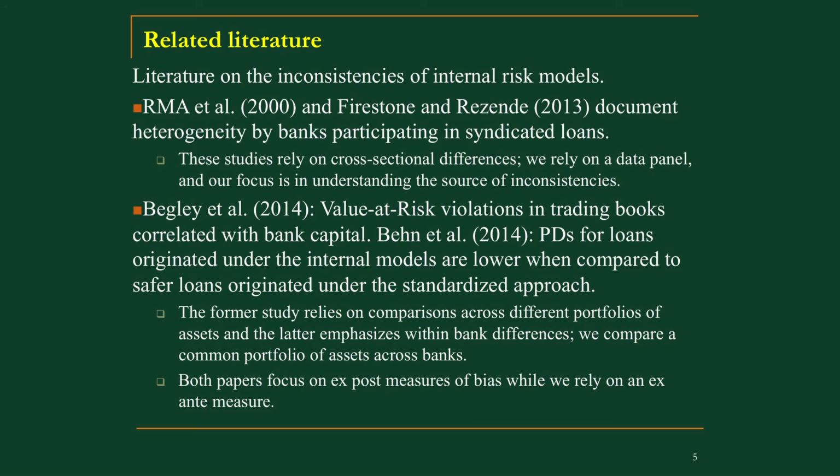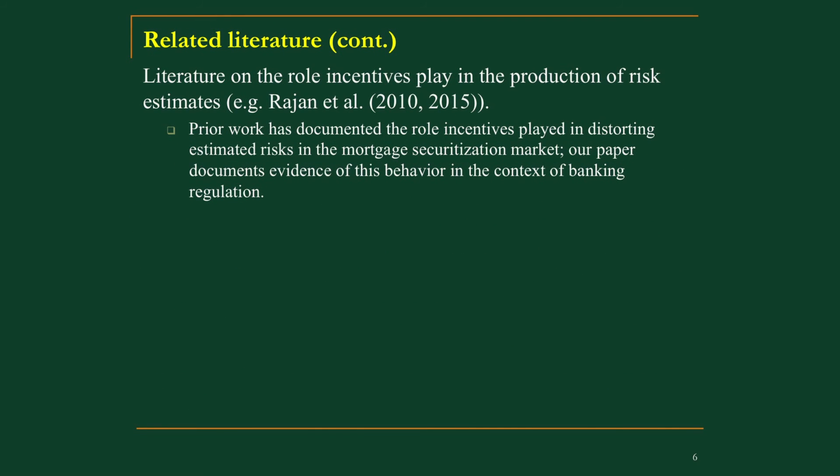We focus on ex-ante, which, of course, for the purpose of regulation, is what matters. And also ex-post, in good times, how many loans default? So all banks look good in that setting. The second set of literature, there are a couple of papers, some written by people I think are here, that documented how incentives played a role in distorting the risk estimates in the mortgage securitization process. You can view our paper as the same, but in the corporate lending space.